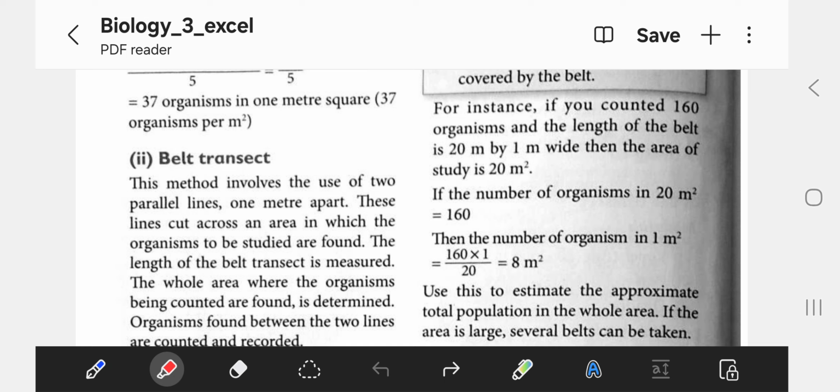Let's look at what you normally do during the capture and recapture method. Number one, you choose a place where you want to do your study. So you choose your place as this one.